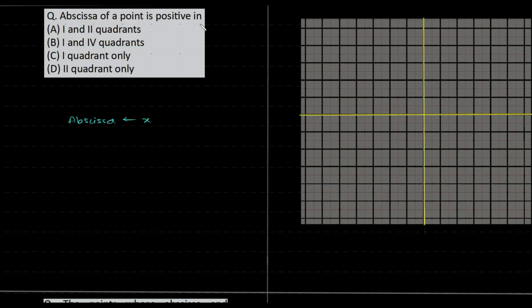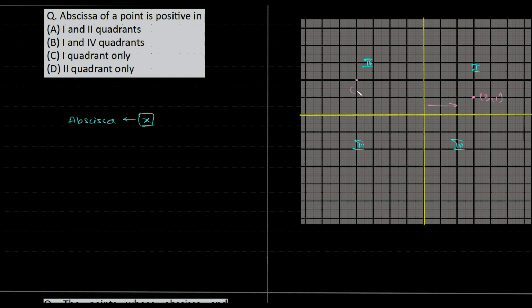So if the abscissa of a point is positive, in which places is it positive? Well, this is the first quadrant, second quadrant, third and fourth. Basically, they're telling us about the x component. Which part will have a positive x component? Everything on the right. For example, 1, 2, 3, 3, 1. Just take any random point in each quadrant and you'll get the answer: 1, 2, 3, 4.